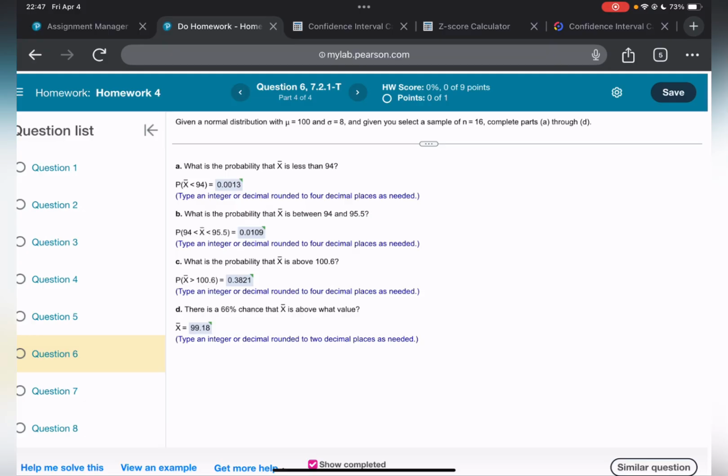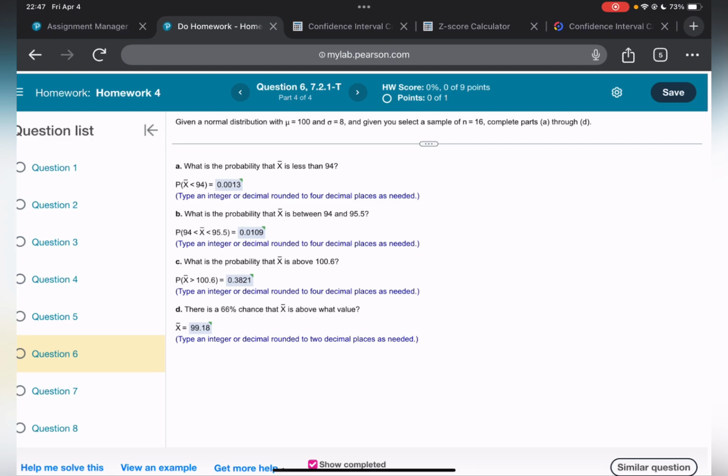Given that you select a sample of n equals 16, so the sample size is 16, the mean of the distribution is 100 and sigma is 8. Complete parts A through B.